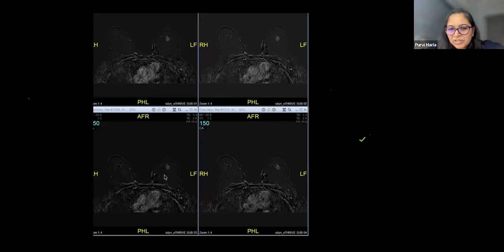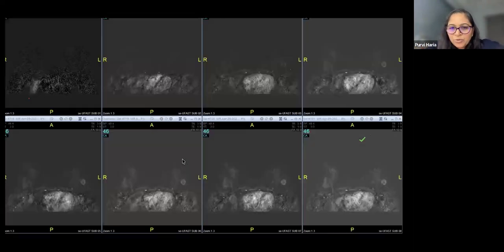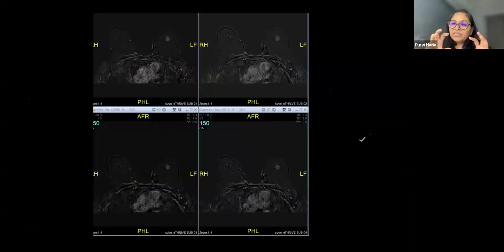This kind of resolution is not there in the ultrafast sequences, because they have a very good temporal resolution. Temporal resolution means it takes a very short duration and takes a lot of scans, but there is poor spatial resolution, whereas this dynamic sequence has good spatial resolution. We see the entire lesion well, and the margins of the lesions well. So that's the basic difference.